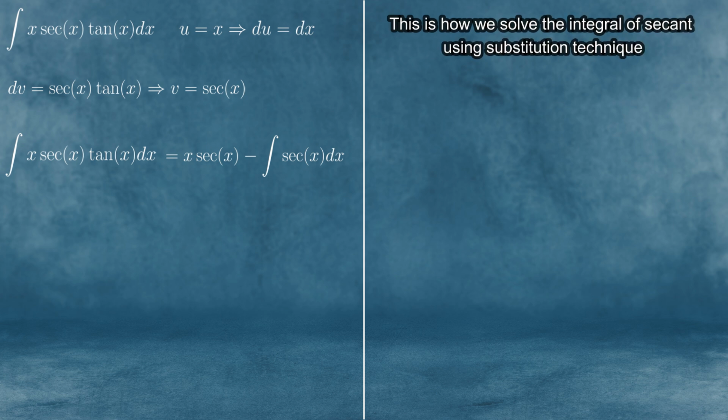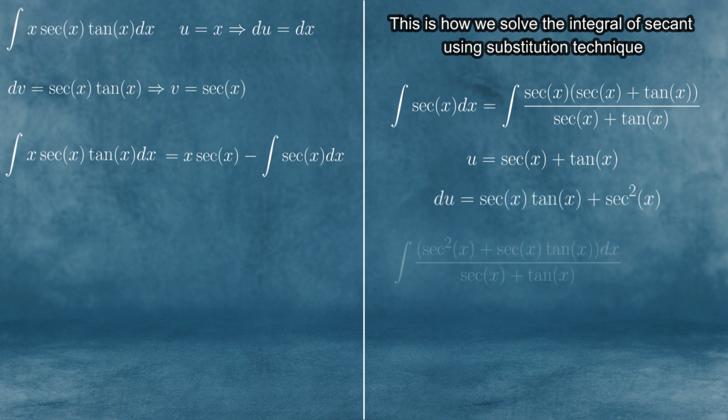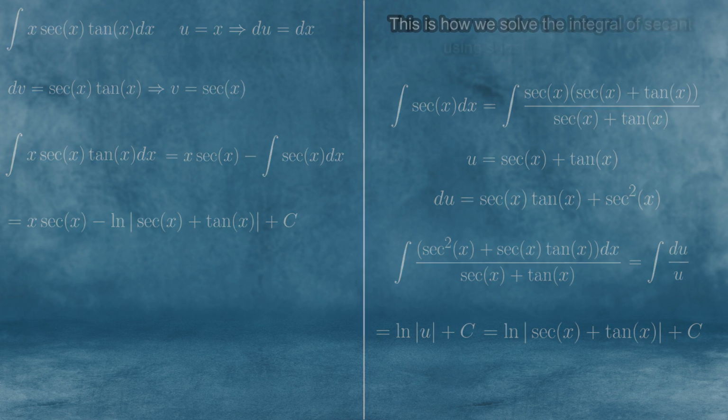Thus, the original integral will be equal to u times v minus the integral of v du, which is x times secant of x minus the integral of secant of x dx, which is equal to the natural logarithm of secant plus tangent. Thus, the original integral will be equal to x times secant of x minus the natural logarithm of the absolute value of secant of x plus tangent of x plus c.